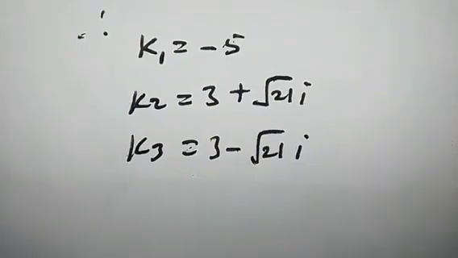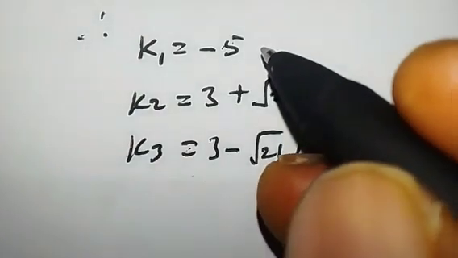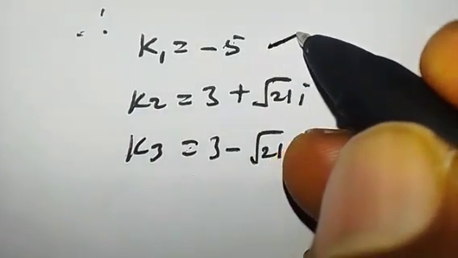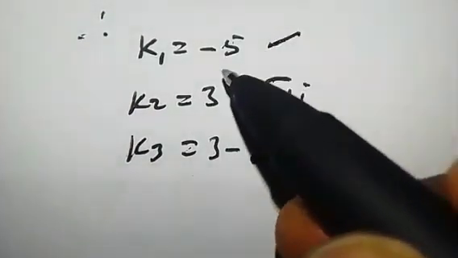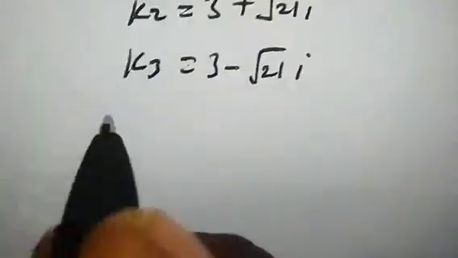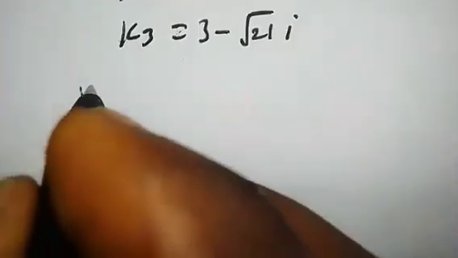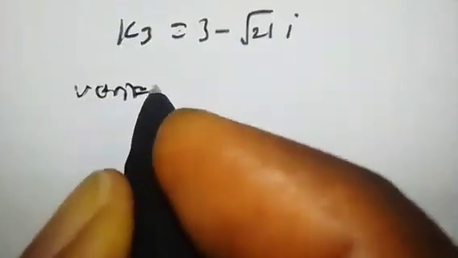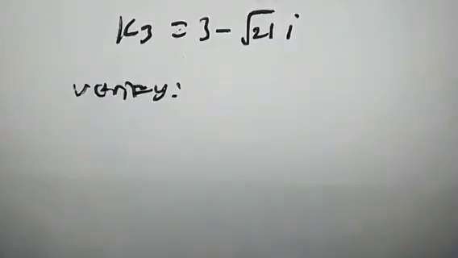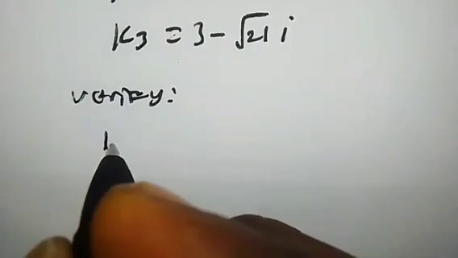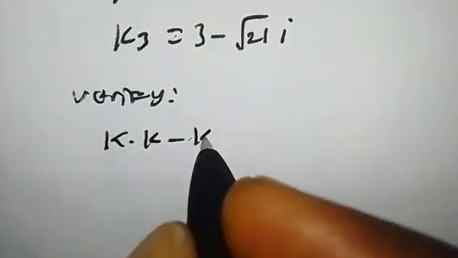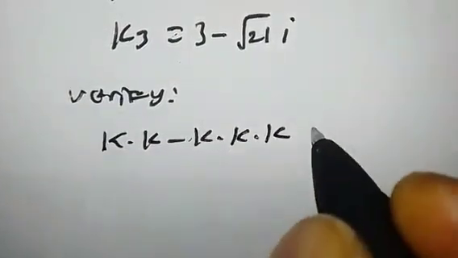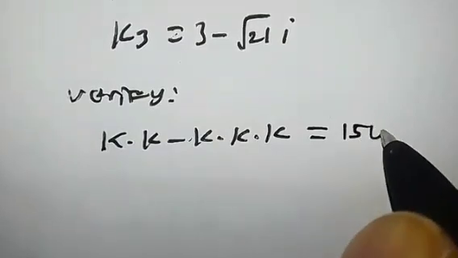We can actually verify the first solution. Let's verify this, which is k1 equals minus 5, using the original equation. So, verify. The original equation is k times k minus k times k times k equal to 150.